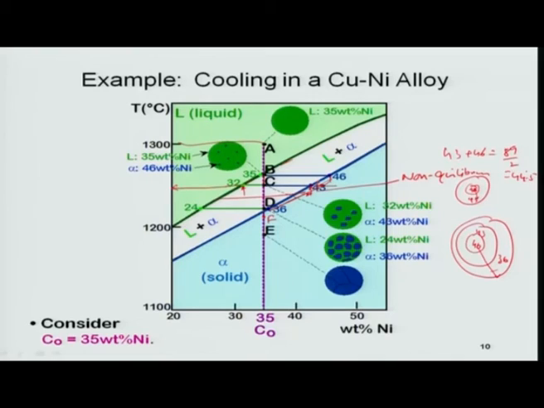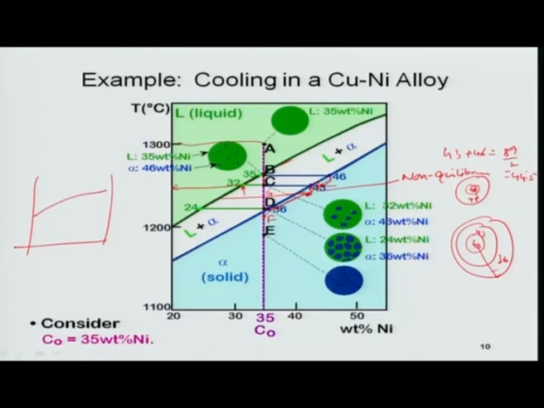So this is my new non-equilibrium point at the temperature given by point C. Similarly at point G, this is my line, so this will be the point given by this point. Similarly at point D, this will be given here. So I can join these points and get a line which will then meet at point F. In all the books you will find this is how it is drawn.